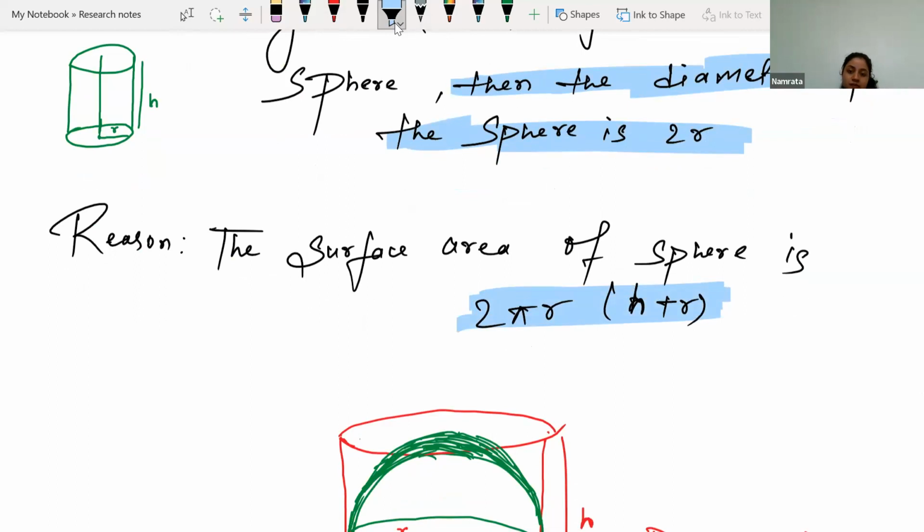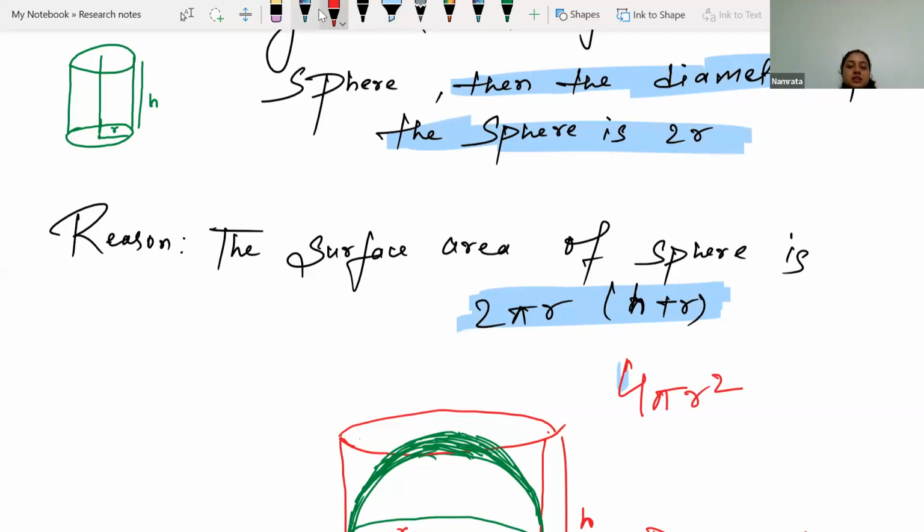Yes or no? What is the formula for surface area of a sphere? Anyone? 4 pi r square. Exactly. Perfect. The formula for the surface area of a sphere is, as you already know, 4 pi r square.